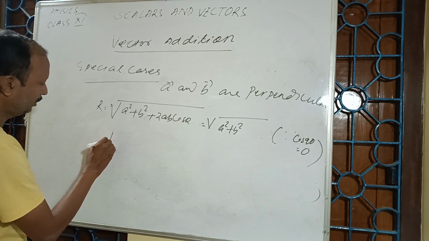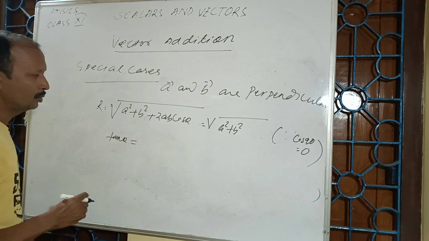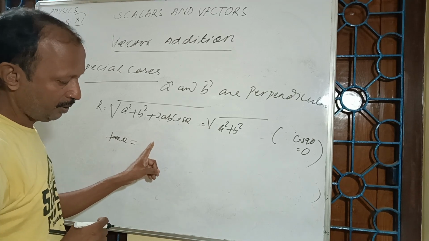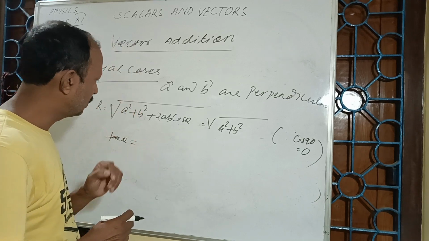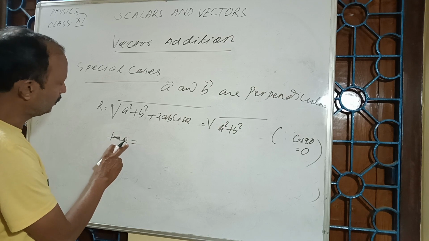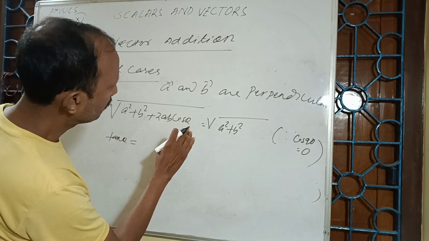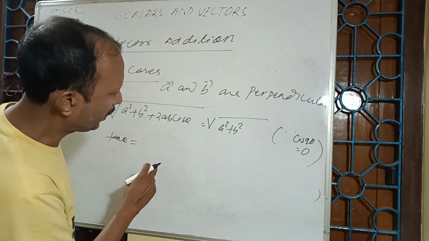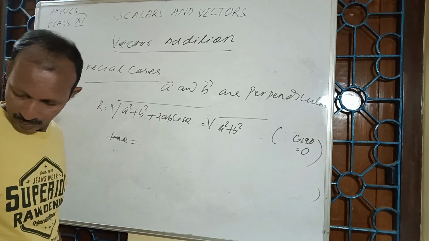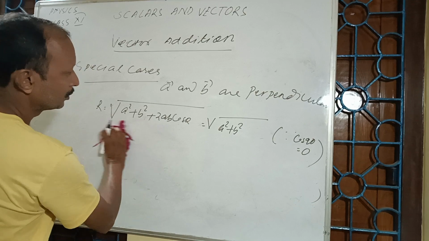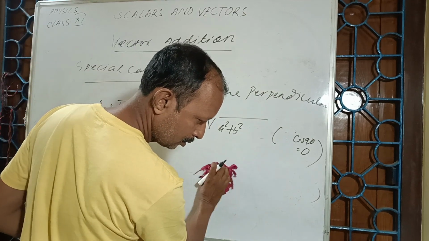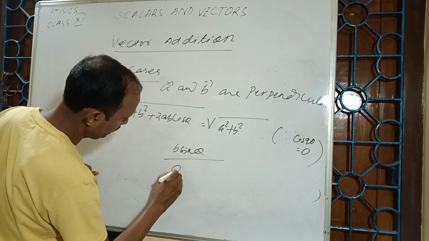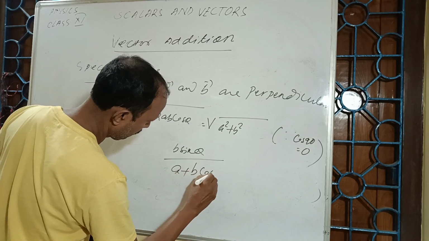What about the tan phi? In my previous case I explained that tan phi is equal to B sin theta divided by A plus B cos theta.